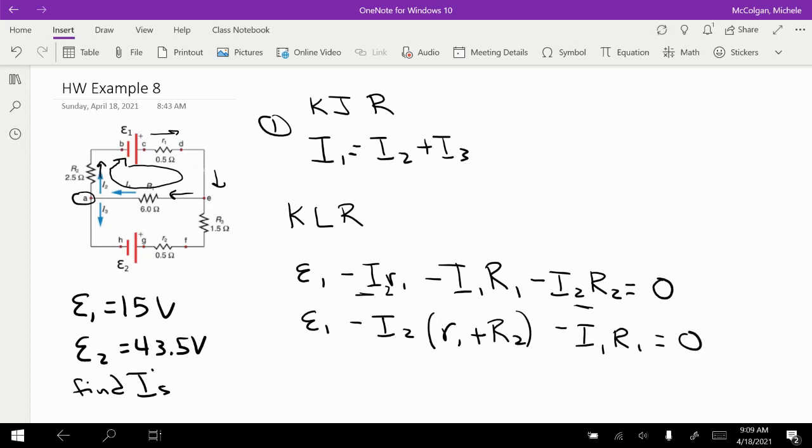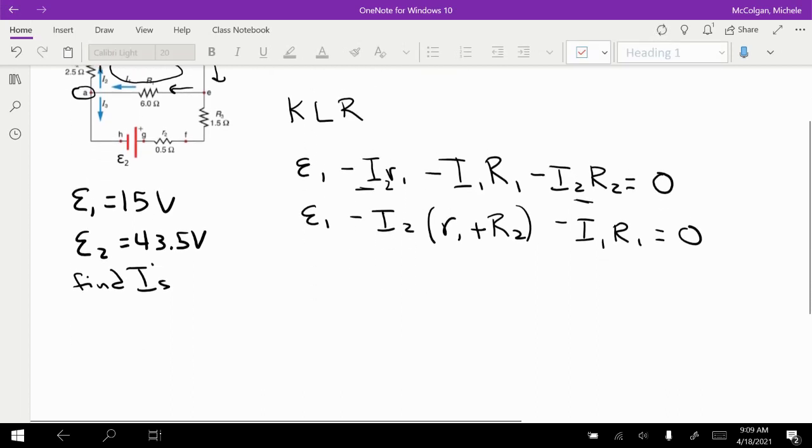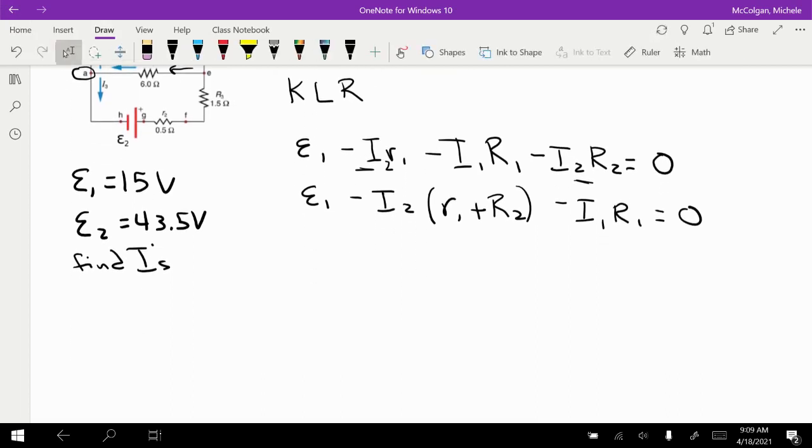Now I want to plug in my numbers. Usually I don't say to do this, but we're going to plug in numbers here. It just makes it a little bit easier. So let's scroll up a bit. My E1 is 15 volts, so I'm going to write 15 minus I2.